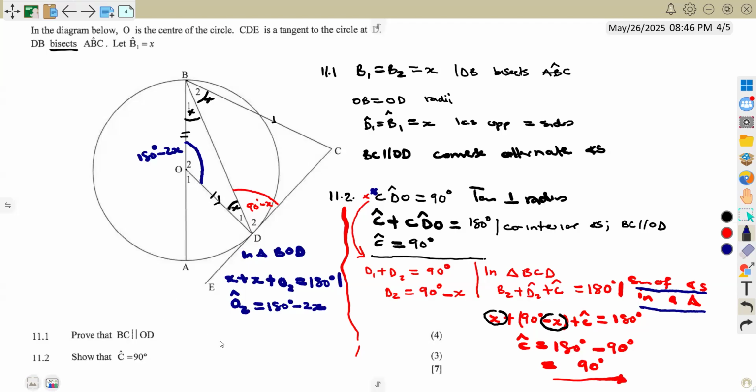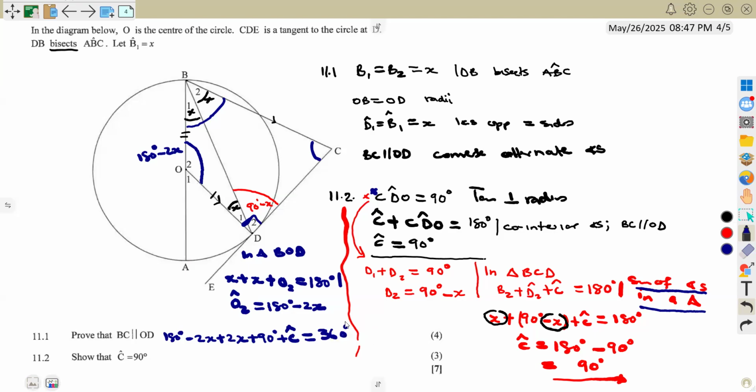We know that in that quadrilateral, adding all the four angles, so O2, which is 180 degrees minus 2x, plus this whole angle here, which is x plus x, so it was going to be plus 2x, then plus this whole angle here, which is already proven to be 90 degrees, plus 90 degrees, plus this angle here, which is our angle C, must be equal to 360 degrees.